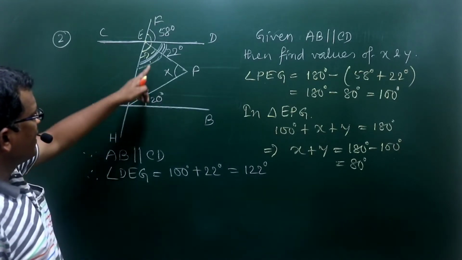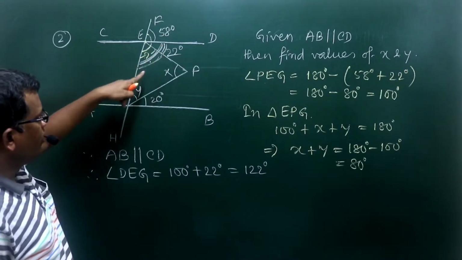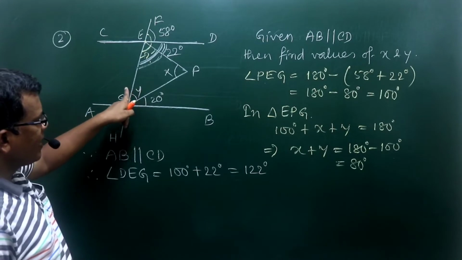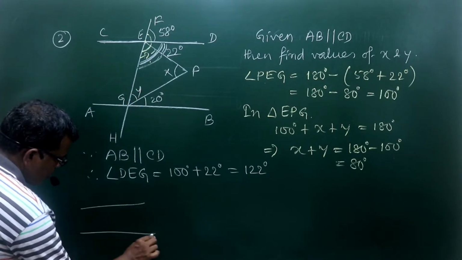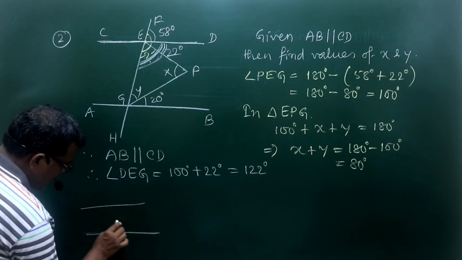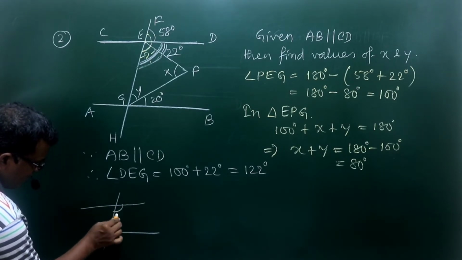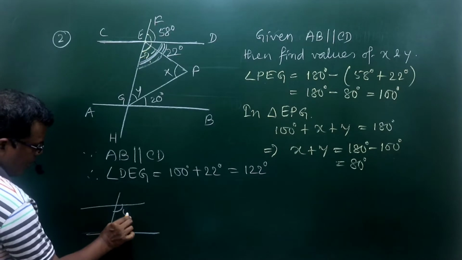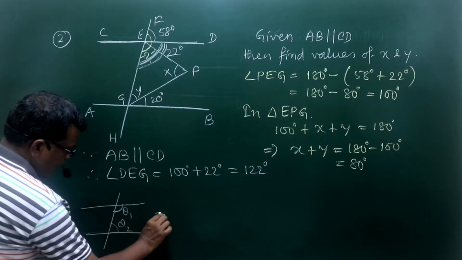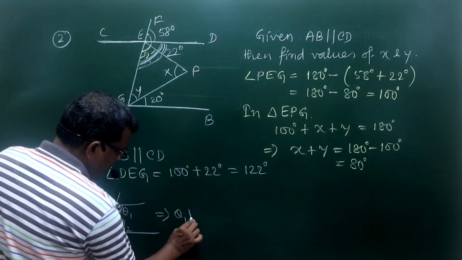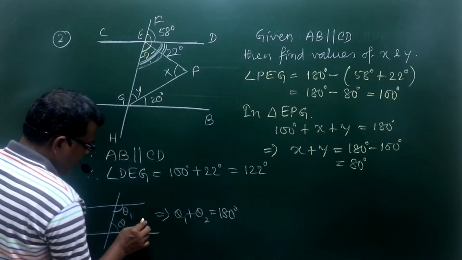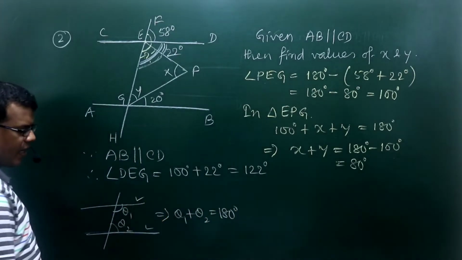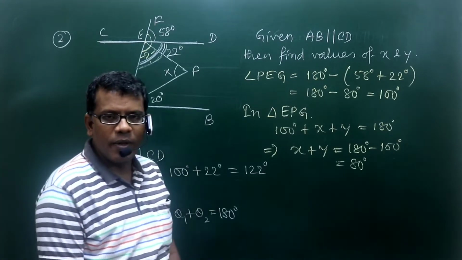So this is 122 degrees. So once this angle is 122, this angle should be 180 minus 122, because with respect to these two parallel lines AB and CD, if this is the transversal, the sum of these two angles, if this is theta 1 and this is theta 2, we know that theta 1 plus theta 2 must be equal to 180. The reason behind this is that these two are parallel lines. Are you getting me or not?